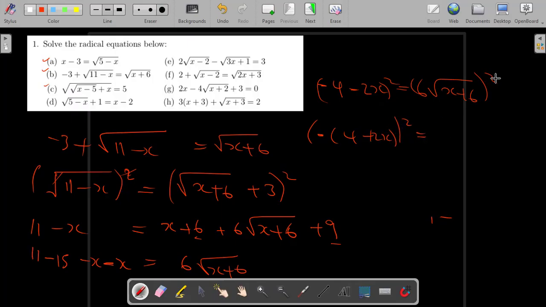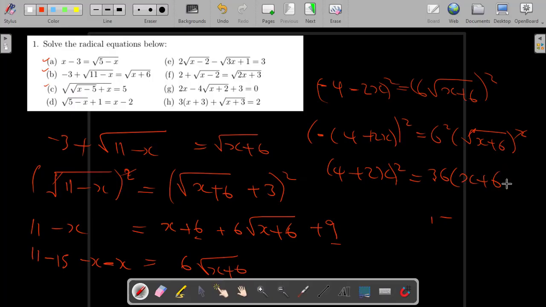Distribute the square, so that would be 6 squared times root of x plus 6, squared. This gives me positive 1 times 4 plus 2x squared, and this gives me 36 multiplied by x plus 6, since the root goes away.